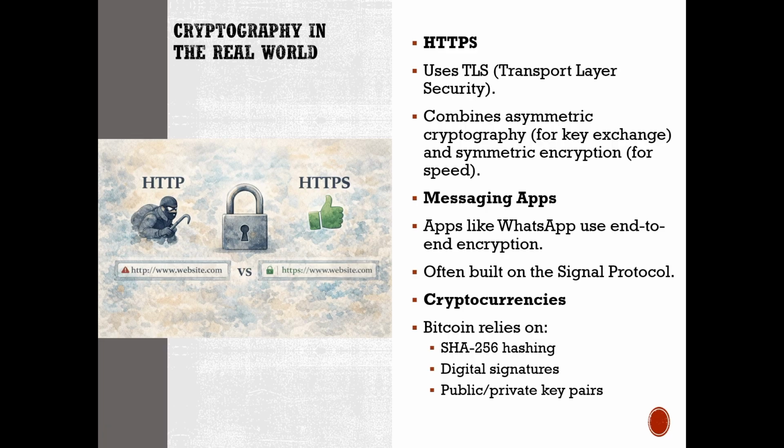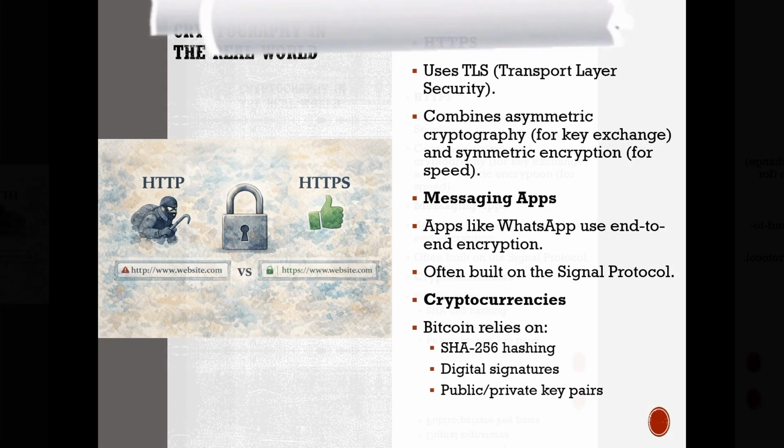Apps like WhatsApp use end-to-end encryption, often built on the Signal protocol. Importantly, cryptocurrencies like Bitcoin rely on SHA-256 hashing, likewise digital signatures, and finally public and private key pairs.